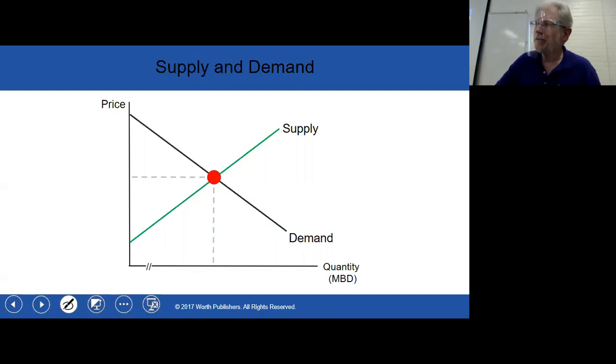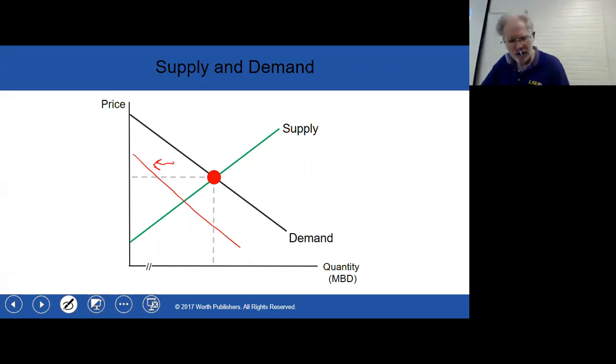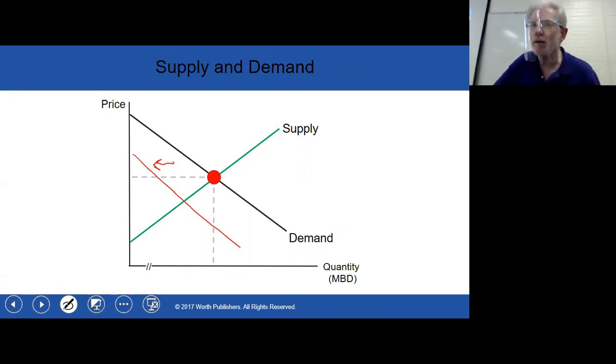And so, especially for something that is expensive, like a new car, they are likely to cut back on their purchases of new cars. And so when we go into recession, then the demand for something like new cars will go down. And what happens? Well, where are we going to end up? We're going to decrease in demand.